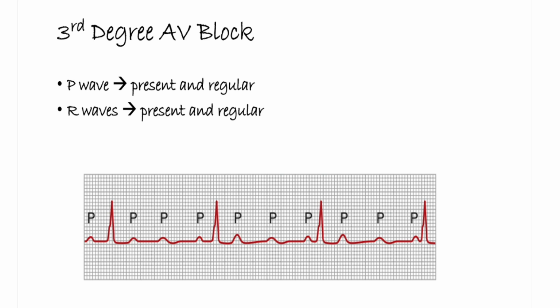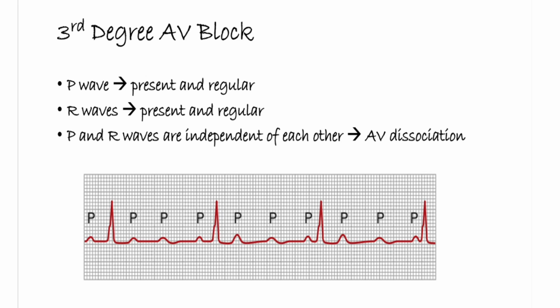And they are completely independent of each other. The atrial rhythm and ventricular rhythm are completely independent and have their own unique values, with the ventricular rhythm obviously much lower than the atrial rhythm.